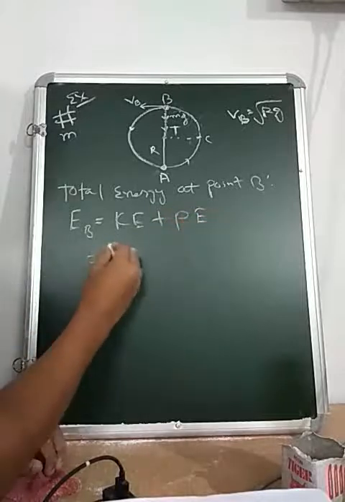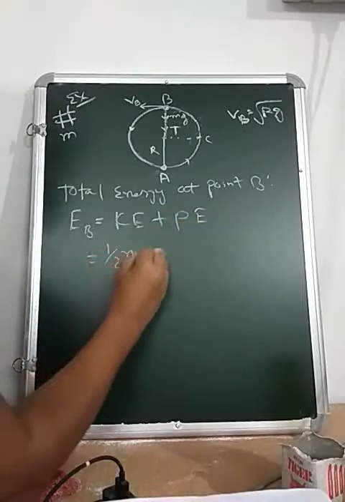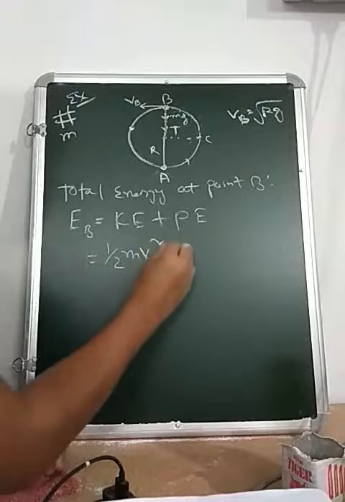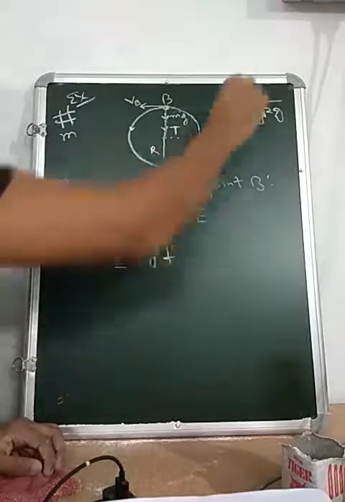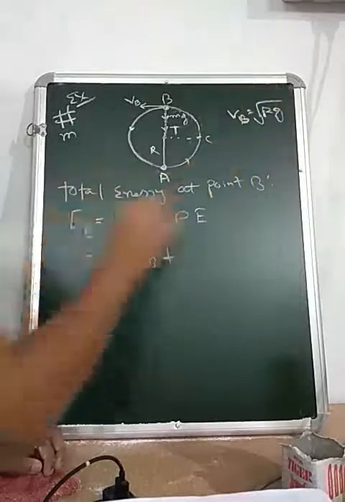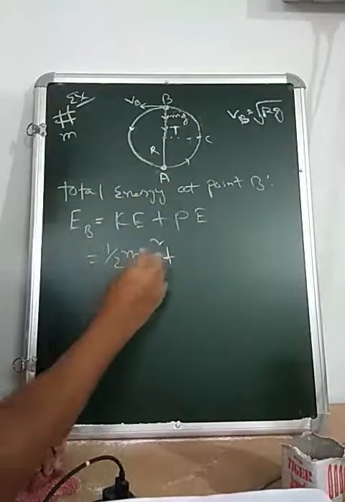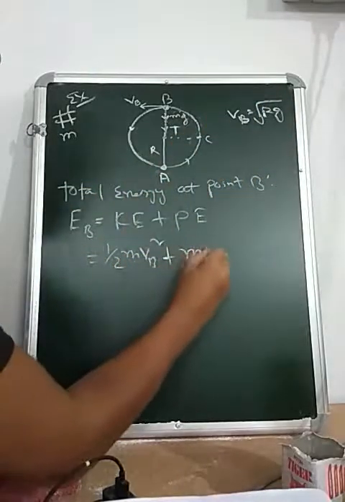Kinetic energy is half of m v square, with this minimum velocity. I'm going for this minimum case only. So total energy is half of m v square plus potential energy mg into h.